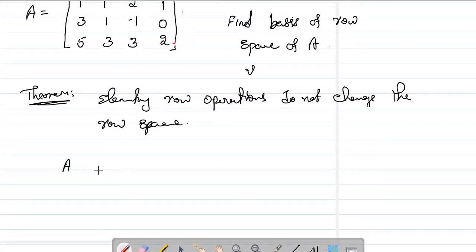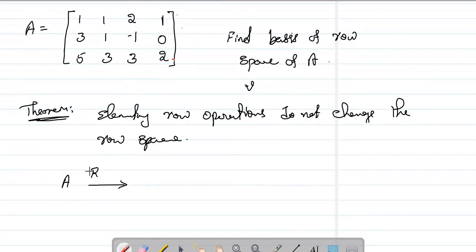So you take A, and replace R2 with R2 minus 3R1. See, this is the first non-zero element in the first row. Except for this, I have to make the remaining two entries zeros. So to get a 0 here, I'll replace the second row with R2 minus 3R1.